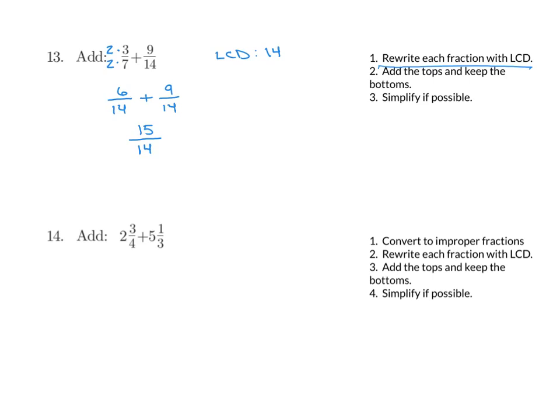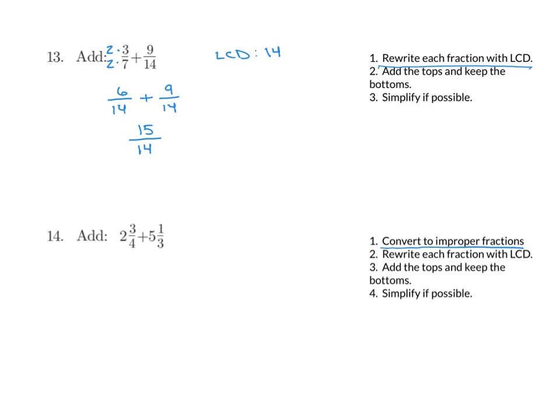All right, that's 13. Let's look at 14. So just to be consistent with everything else, when we work with mixed numbers, let's go ahead and convert to improper fractions to start off with.